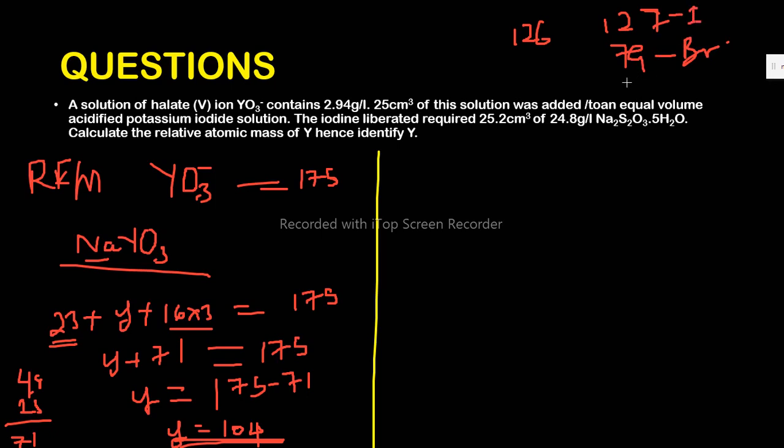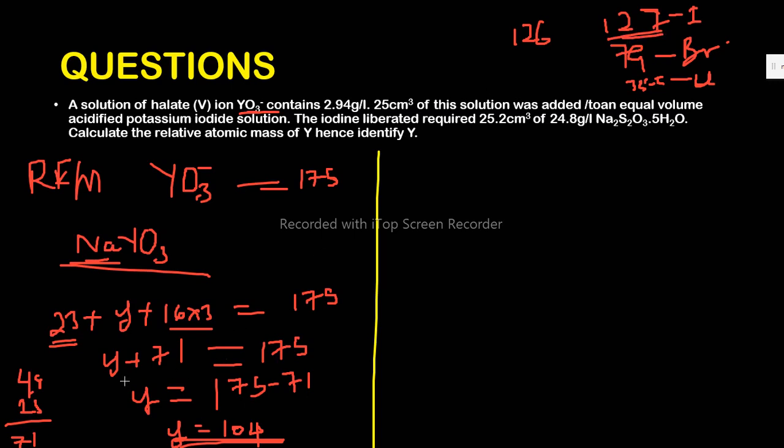For chlorine, it is 35.5. So this is Cl. Here we assumed it was sodium, but it can also be potassium. So this question was supposed to be specific with which iodate it is. But basing on the data, if we don't consider sodium, then we shall get this.